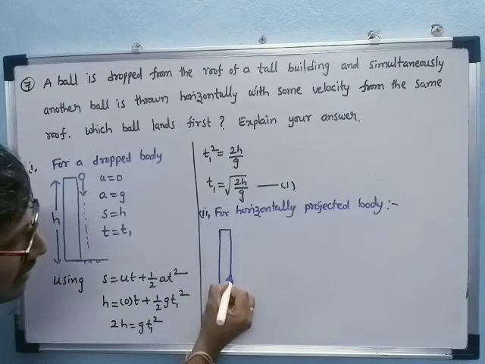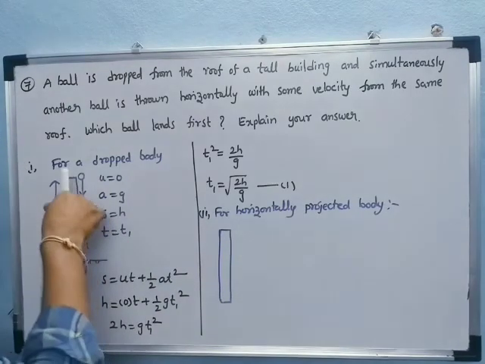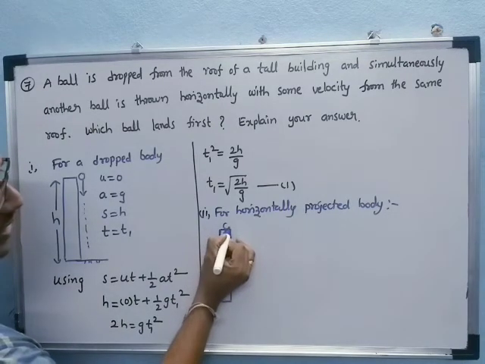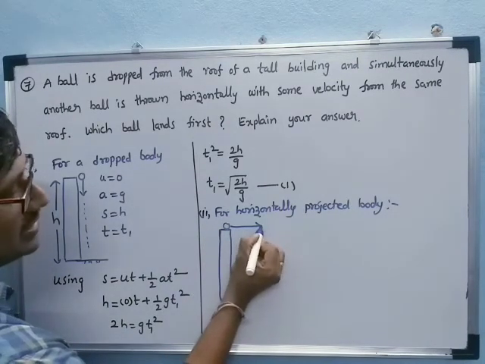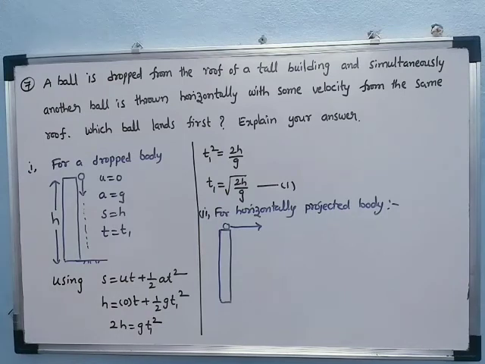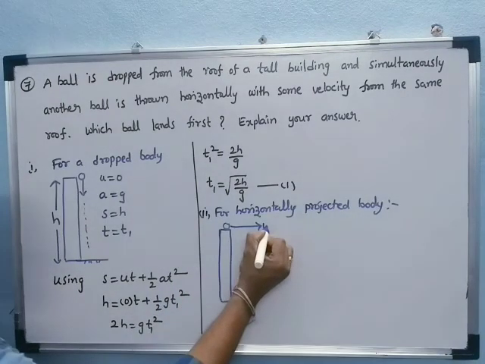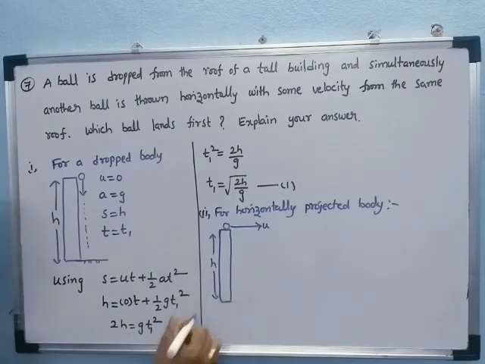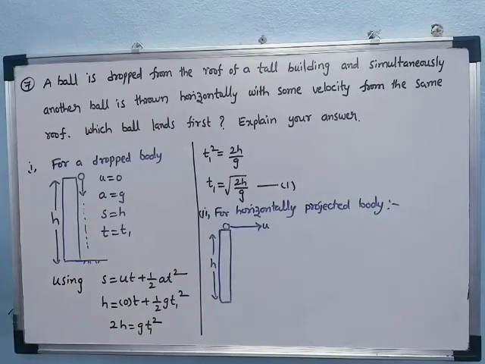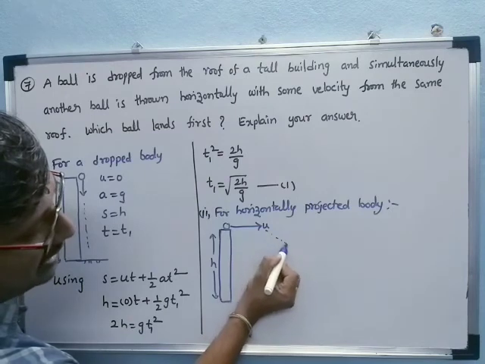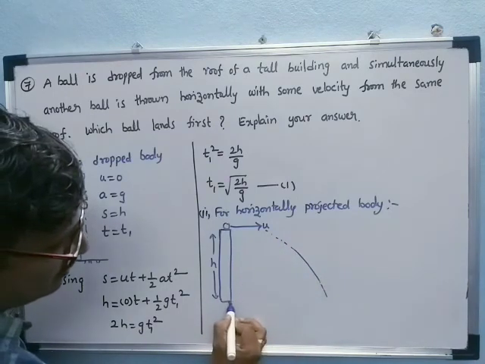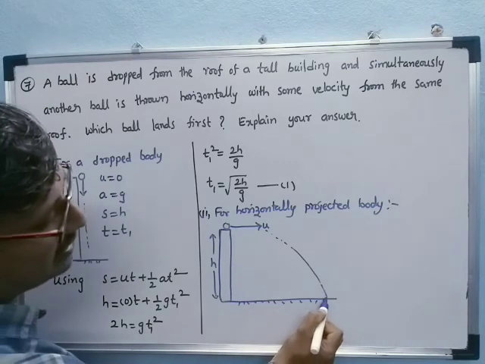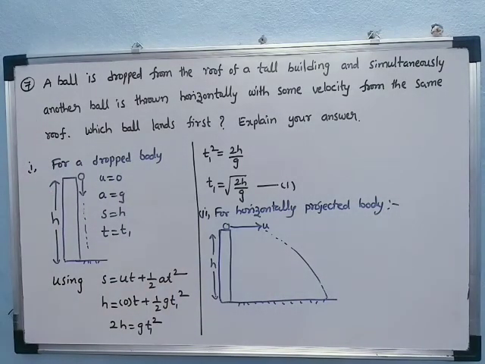One ball is dropped from the building and the other is thrown from the same building. Here the ball is thrown with velocity u, its height is h, and it travels and finally reaches the ground, but at another position.